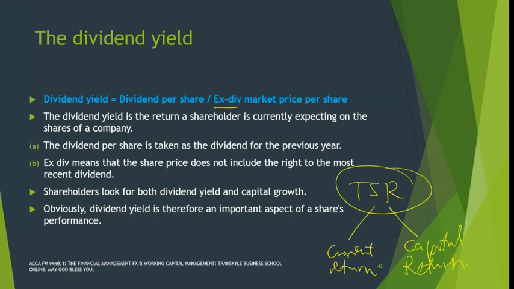They want to see this. The current return is something that to some extent is related to the dividend yield, although the difference is that the current return is based on the original share price, not the current share price.